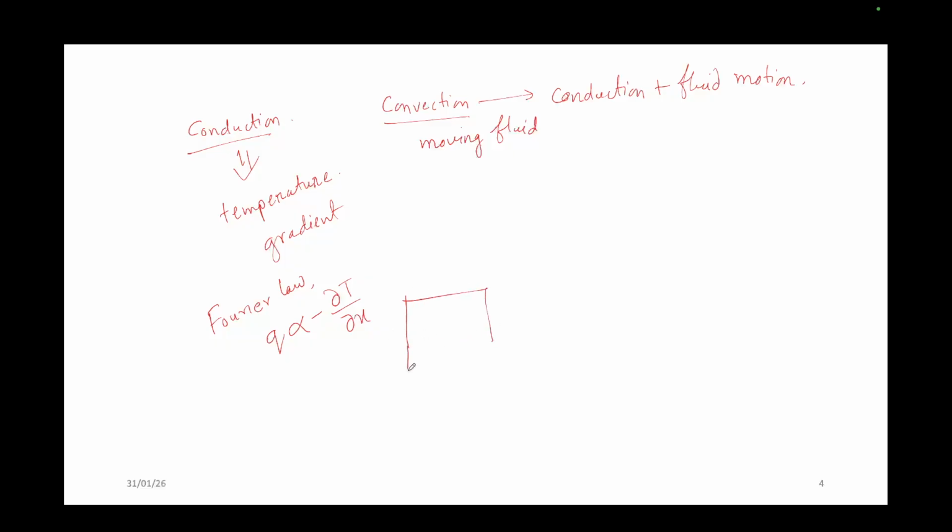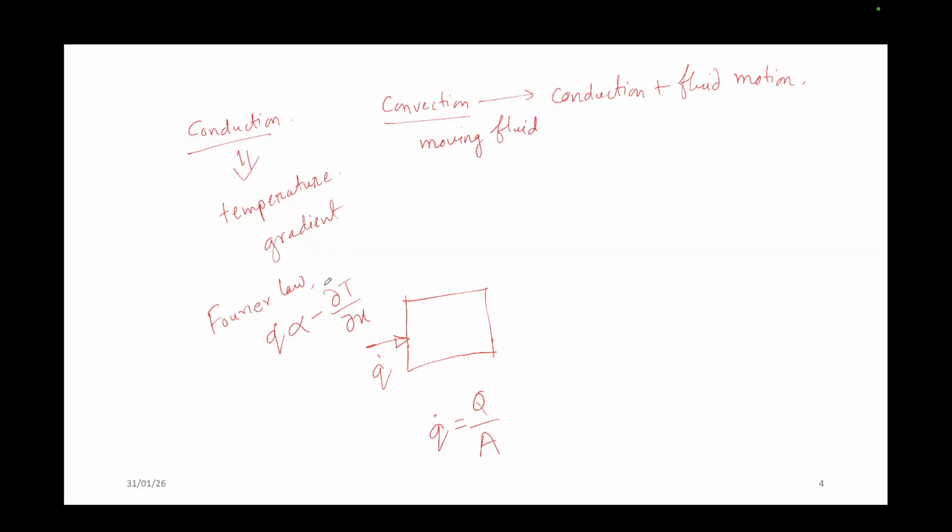So you see this block, okay. If I am applying a heat flux, so that is Q, I represent it as say Q dot. So heat flux is basically the heat flow per unit area perpendicular to this surface. Okay. So that is the heat flux.